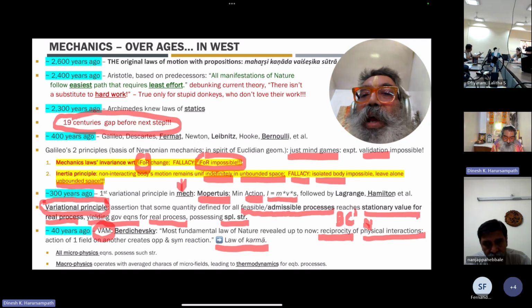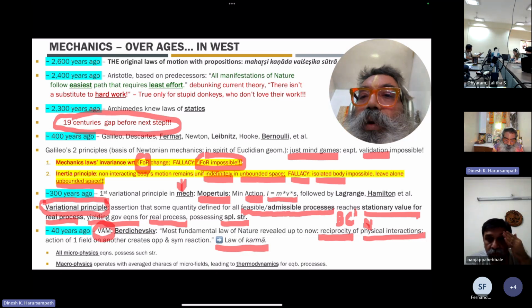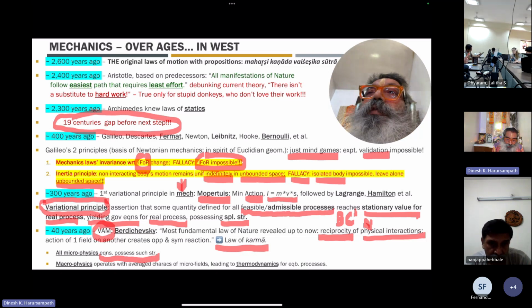This is always valid. And as I already mentioned, all microphysics equations, even in quantum mechanics and particle physics, possess such a symmetric structure, what we call the principle of reciprocity.